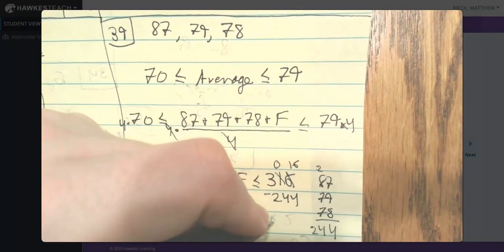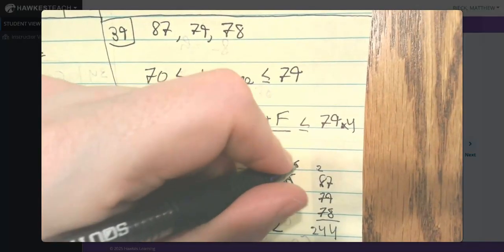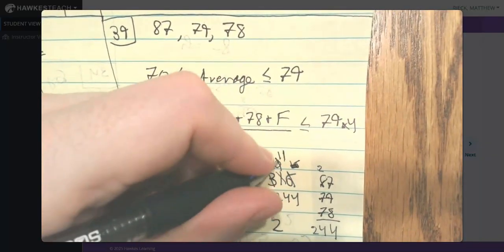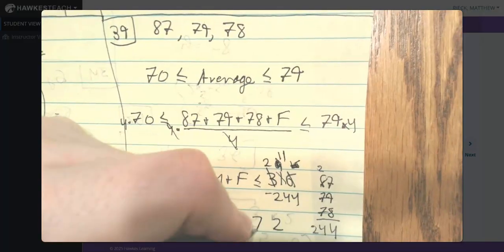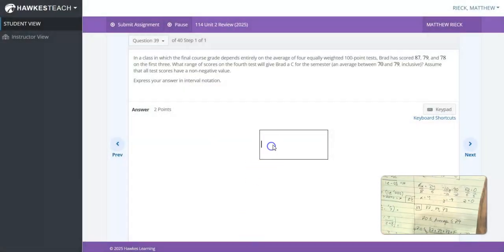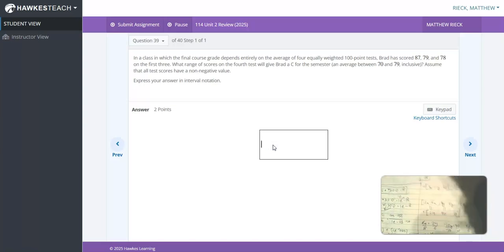Oh wait, we don't need to borrow. That's going to be 2. We do need to borrow for this one though, so that's going to become 11. So you have 36 to 72 inclusive. I think.